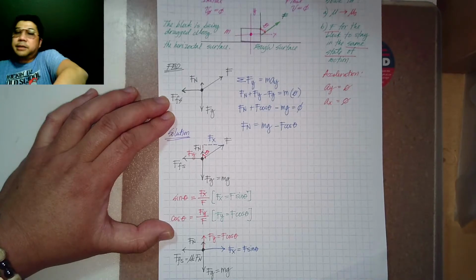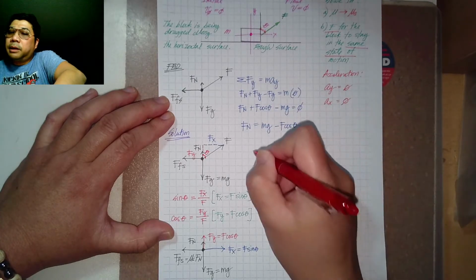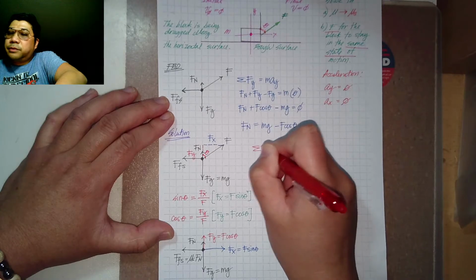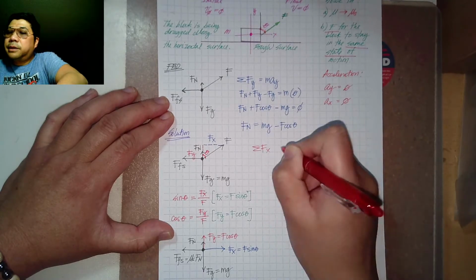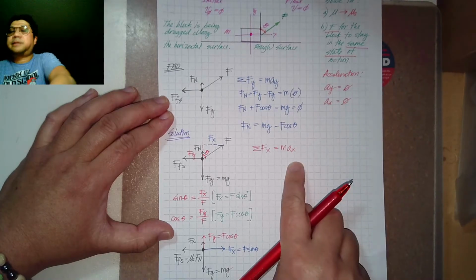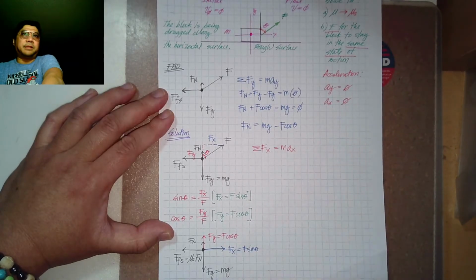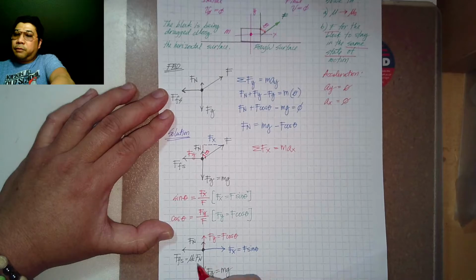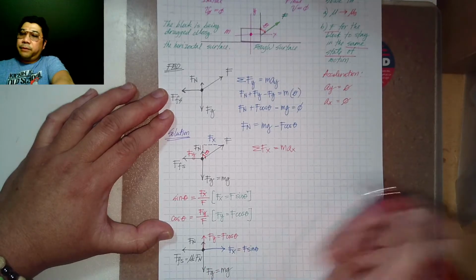The second step is to work on the summation of forces along the x-axis, which is equivalent to mass multiplied by the acceleration along x, and we all know the acceleration along x is also 0. Forces to the right are positive, to the left are negative.